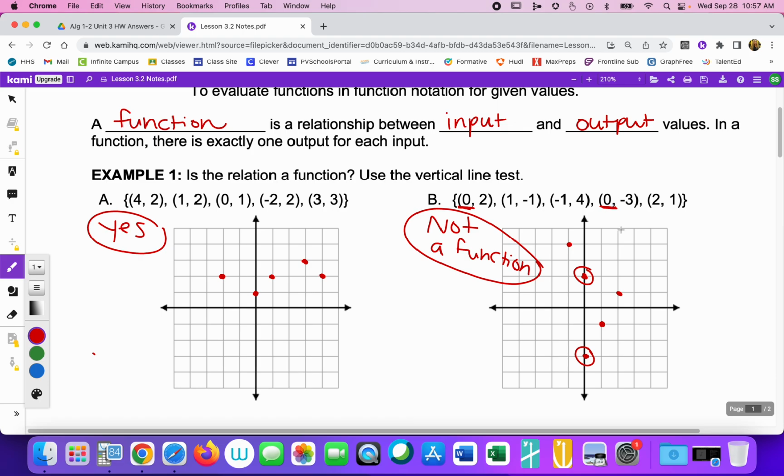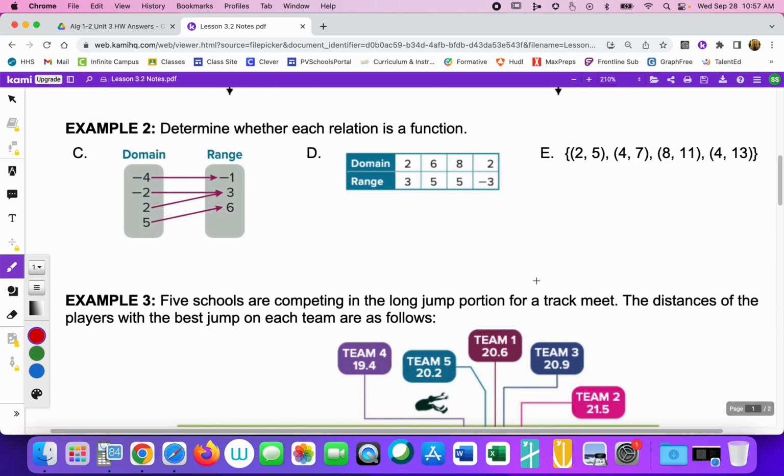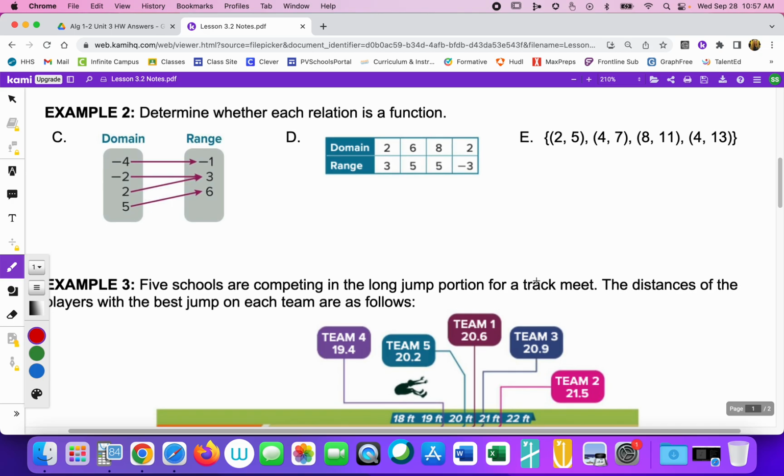So that is the vertical line test. Down here, you'll see we don't have graphs, so there's different ways we can try and figure out whether each relation is a function. This is a mapping diagram. I told you the arrows would mean something. Now you want to see if any of the domain values repeat. In a mapping diagram, that would look like two arrows coming from the same number.